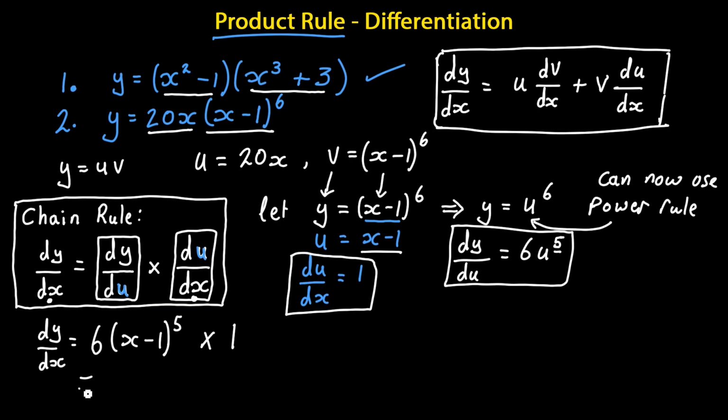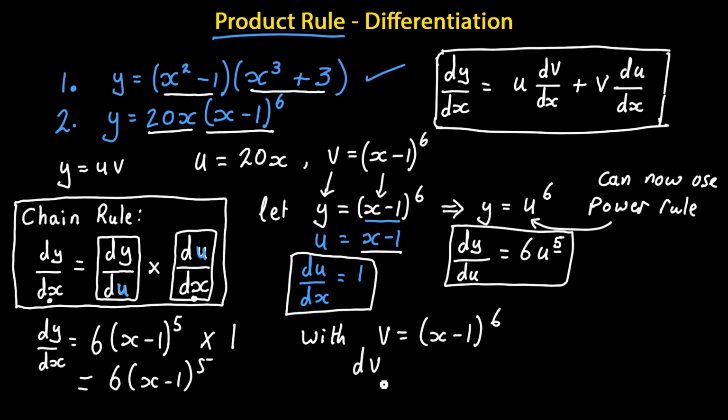And this gives us, when we expand everything out, 6(x minus 1) to the power of 5. So if we go back to our equation previously, where v is equal to (x minus 1) to the power of 6, we've just found the derivative of this equation using the chain rule. And the derivative of v with respect to x is 6(x minus 1) to the power of 5.